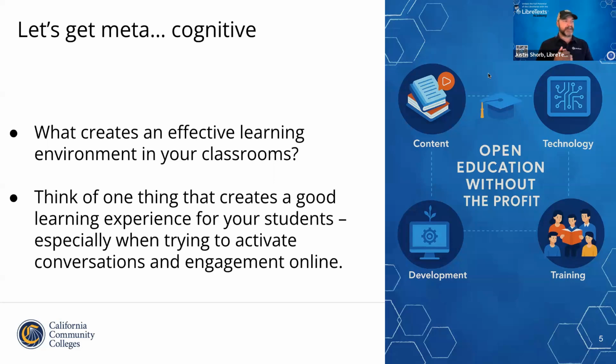And then think of one thing that creates a good learning experience for your students, especially when trying to activate conversations and engagement online. Because I am currently acting as an instructor, and you all are acting as students. So think about the things that you wish your students did, and then keep that in mind as we move forward. I'm gonna give you a minute just to think about those things. I find it good to just jot it down on a piece of paper in front of me to remind myself, hey, I'm supposed to be a good student right now.